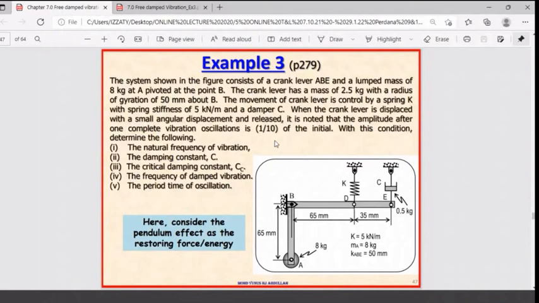My answer is yes, because I want you to be exposed to all the methods. The reason is that when we go to the second degree of freedom, we are going to look for all the methods, typically Newton's and energy. There are many examples on the energy and also Newton's, so we are not going to use the equivalent method anymore.